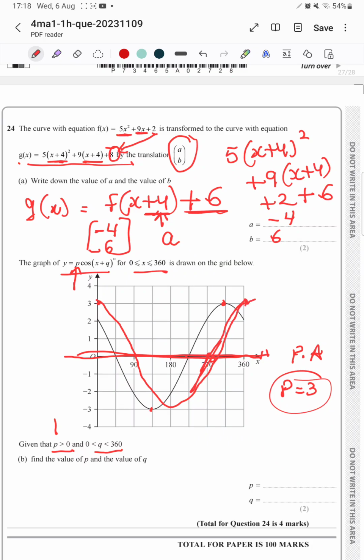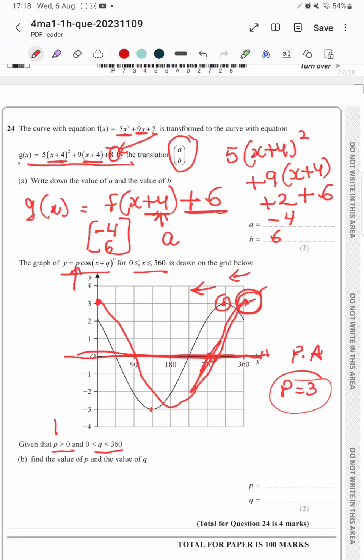So we can see the actual graph is not the exact graph. So here what is happening, the graph should reach here at 360 with the highest value, that is the amplitude peak value, but it reaches it before. So this is a translation in the x direction, in the left direction.